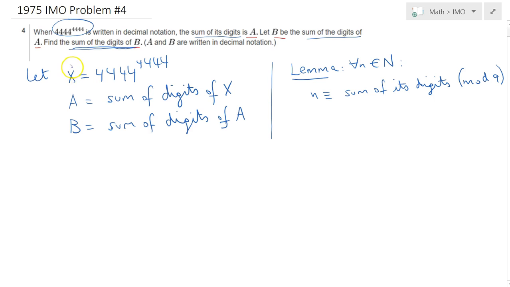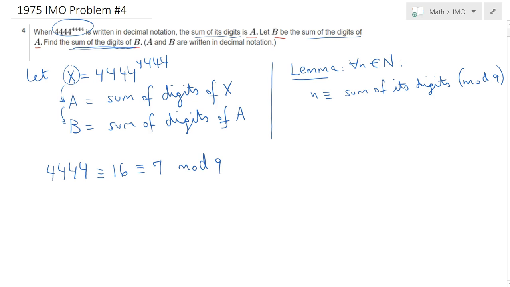So let's calculate X in mod 9, and that would give us a clue about what A and B can look like. So let's start with 4444. This number in mod 9 is congruent to, using our lemma, we just check the sum of digits, which is 16, which is congruent to 7 in mod 9.